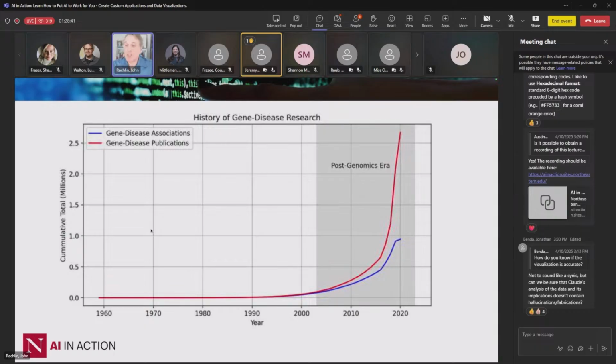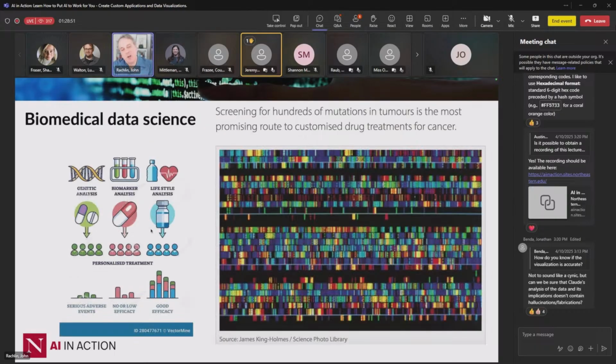Now, I would like to explore that kind of network of connections between genes and diseases. Why? Because this is ultimately perhaps the basis for an emerging trend in bioinformatics and biomedical science towards customized treatments that are impacted or selected based on your particular genetic makeup.